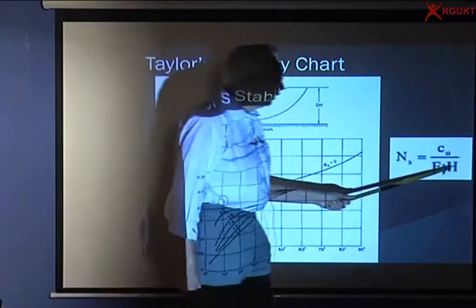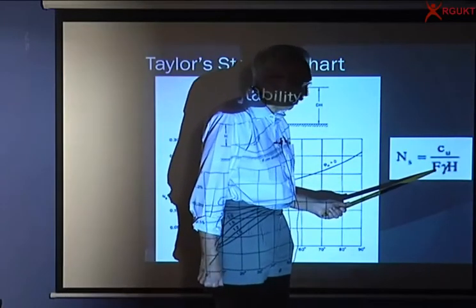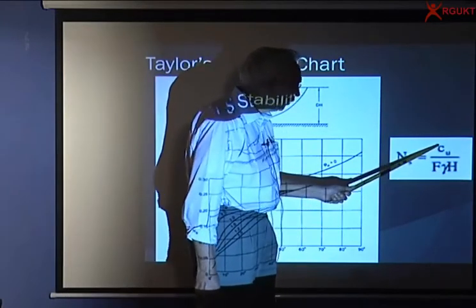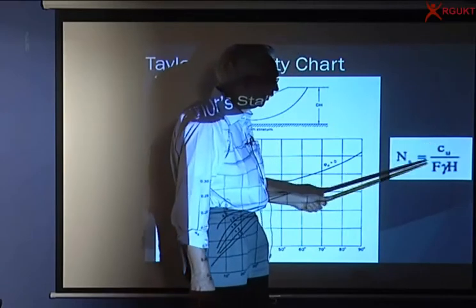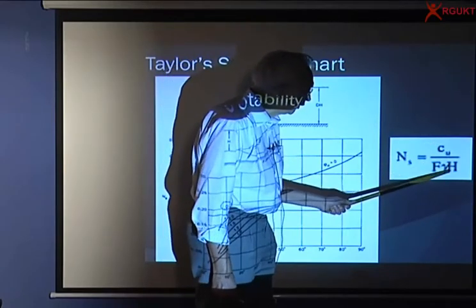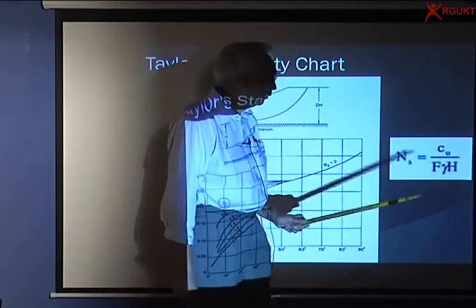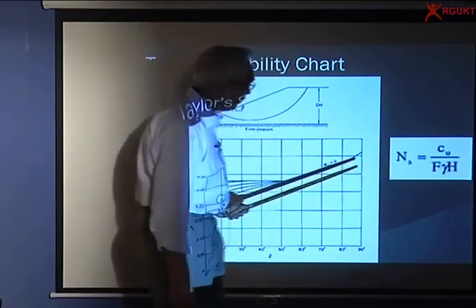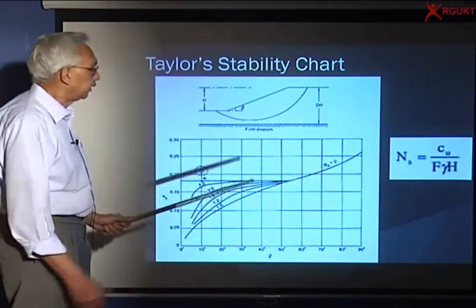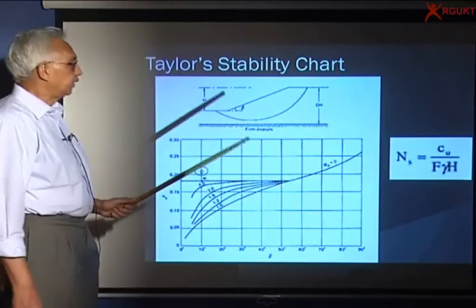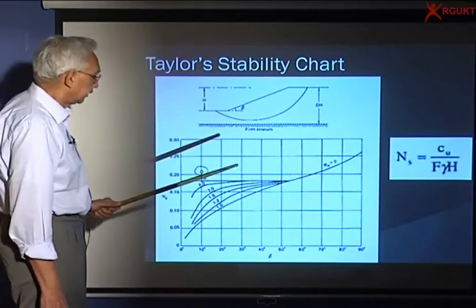So I can easily calculate the factor of safety: you have found out the stability number, you know gamma, the unit weight of the soil, you know the height of the slope. I can get the factor of safety straight away from this chart. I don't have to do a method of slices analysis, etc.